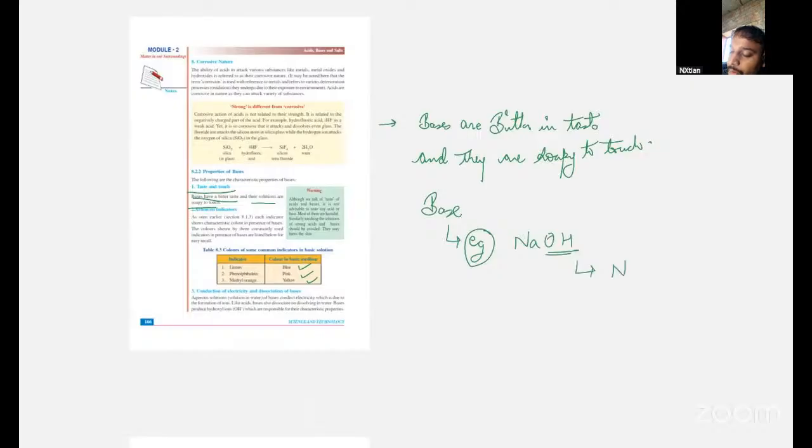When I add water into it, the Na plus and OH minus ions will be there. So ions form. So yes, they conduct electricity because the ions are formed.